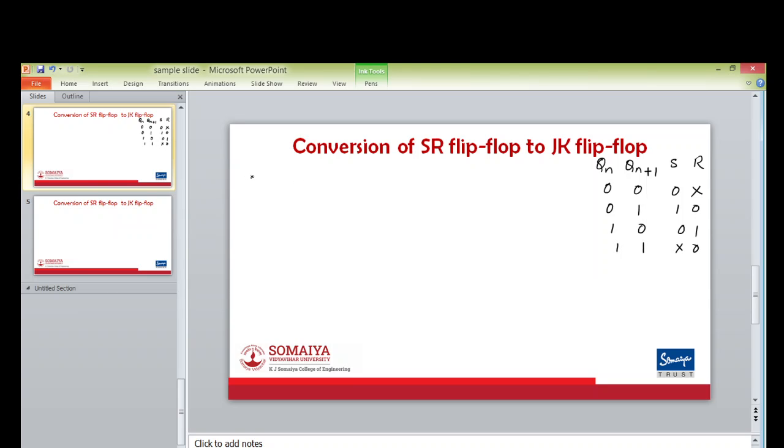Now I'll write the JK present state and next state. With the truth table, I can write this for any present state and next state, and for each, what will be the value of S and R. For JK input 0, 0, present state can be 0 or 1. When present state is 0, next state is 0; when it is 1, it is 1.